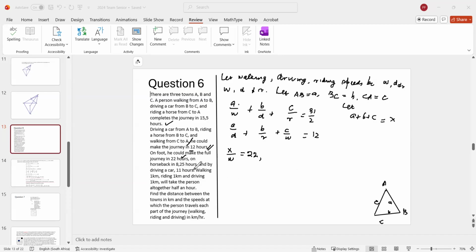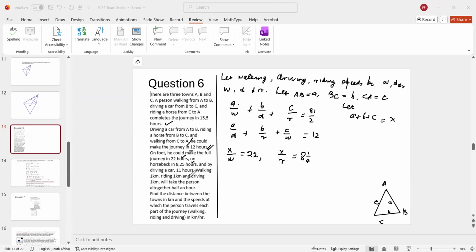On horseback, that's riding, 8.25 hours. So again, the same distance, X, right round, but now is riding. Let's change the language for horseback rather than riding. So that is 8.25 hours.